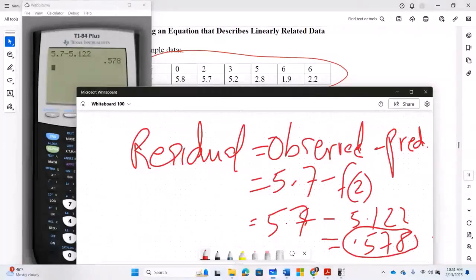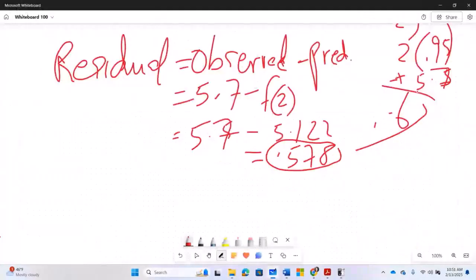The residual tells us where the point is. Is it above the line or below the line? For example, if I draw the scatter plot and this point is above and this is below, the distance from here to here is called the residual. If I calculate the distance from here to here, it is going to be positive.